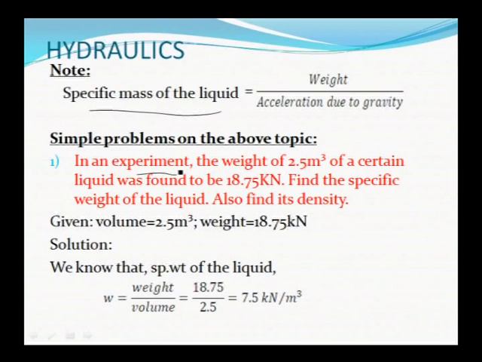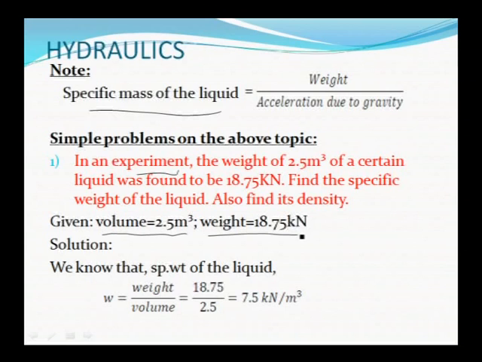Here, it is given volume is equal to 2.5 meter cube and weight is equal to 18.75 kN. We have to write the quantities in the same system of units.